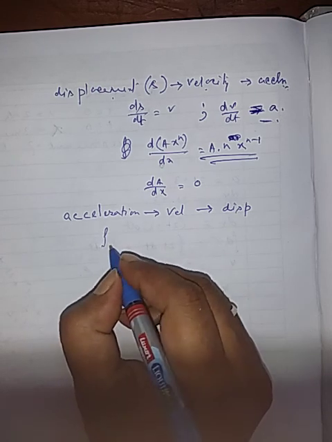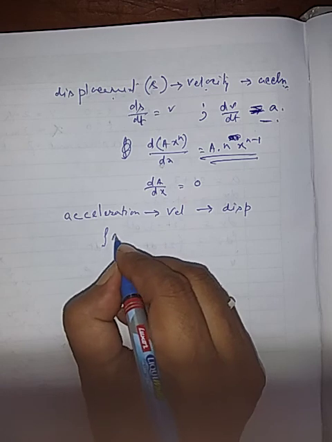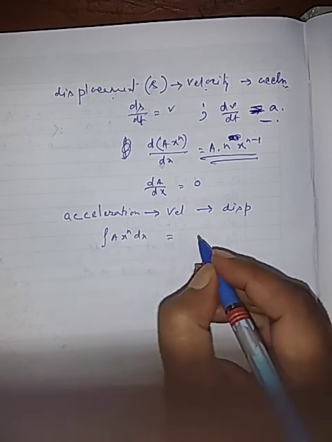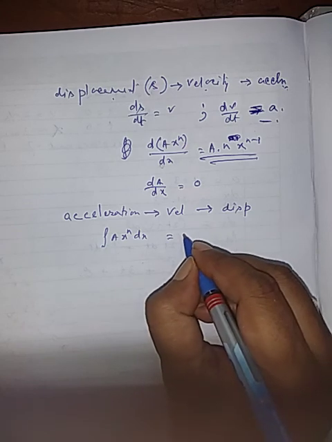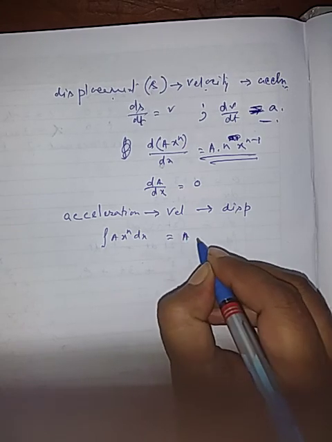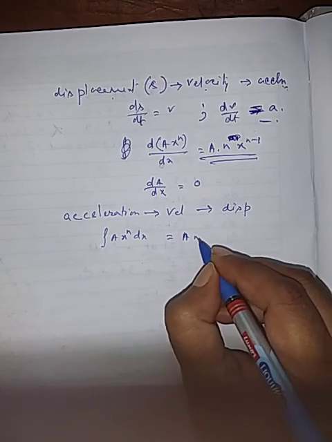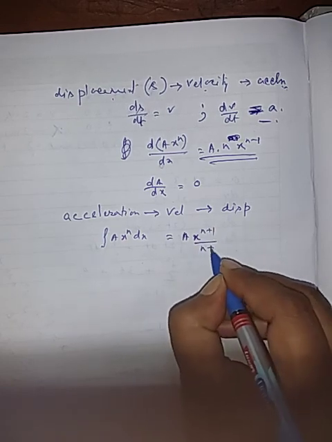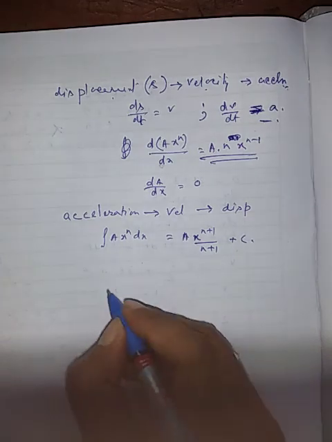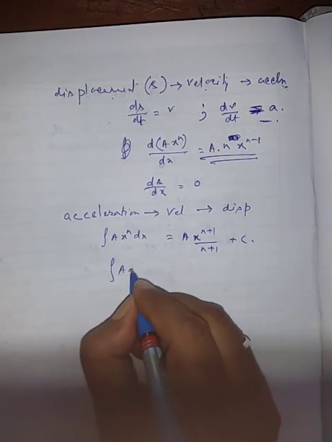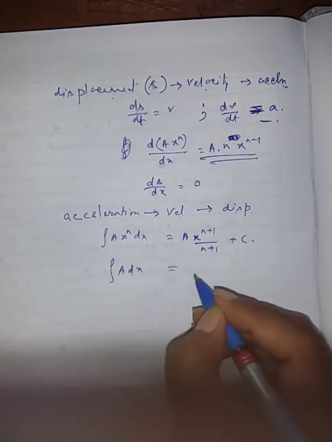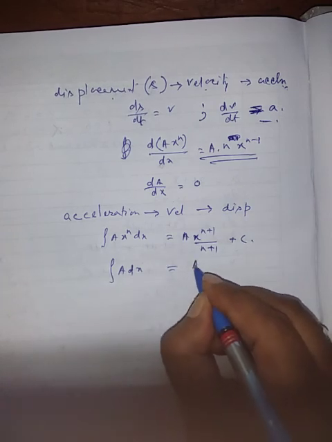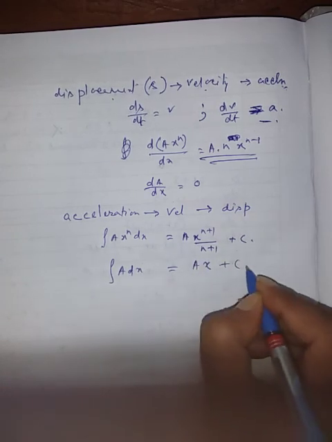And the main formula that is playing here, integral of a x to the power n dx is equal to a x to the power n plus 1 divided by n plus 1 plus c, and integration of any constant term with dx, we get a result a x plus c.